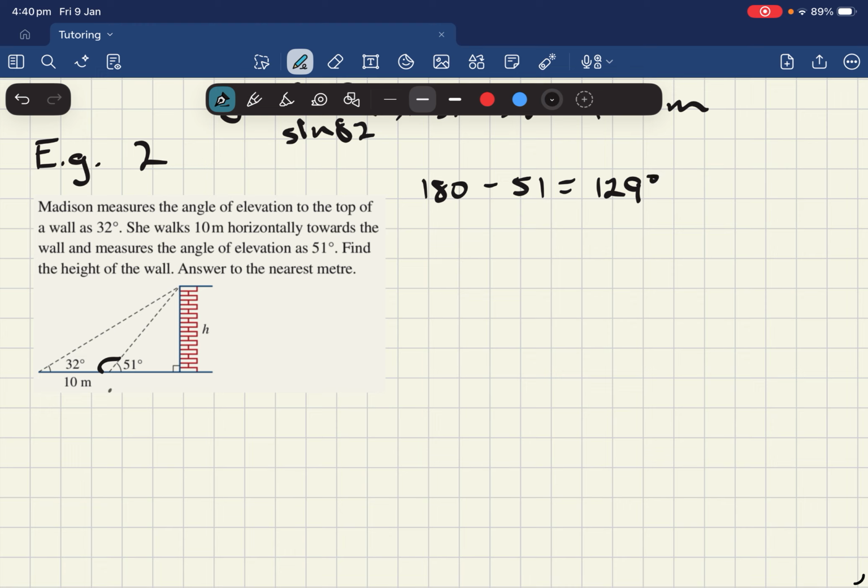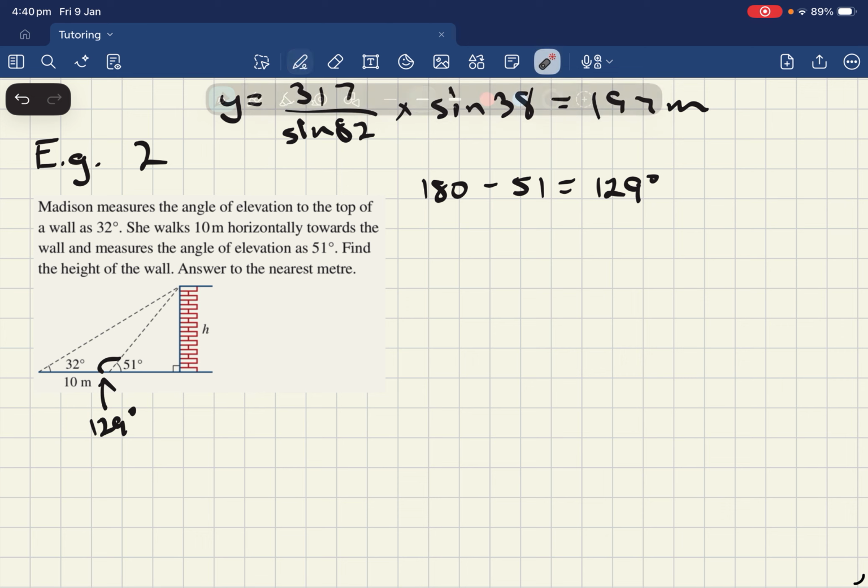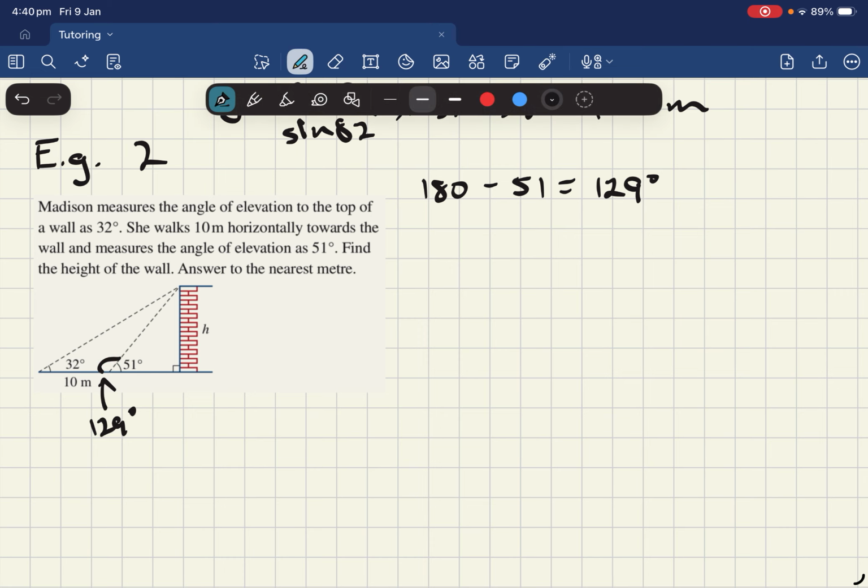So this angle in here is 129 degrees. With that in mind, we now have two angles, and we can use the side here and another side that's opposite that angle we just found, and use sine rule. So let's call this side x.